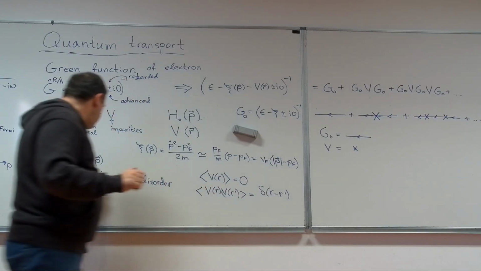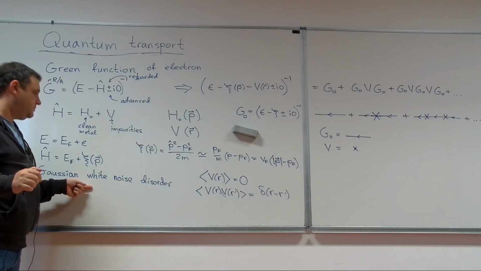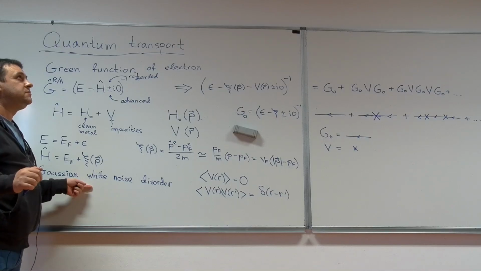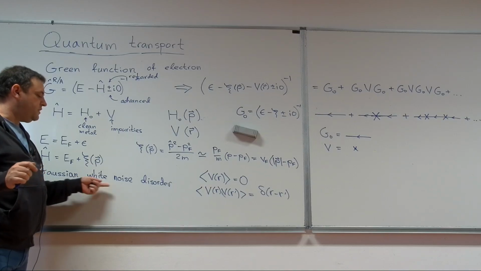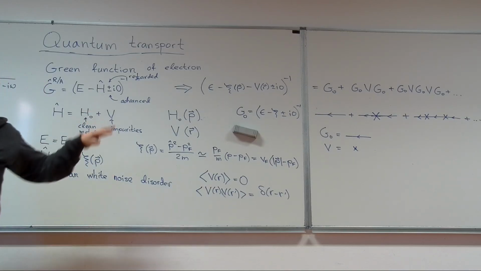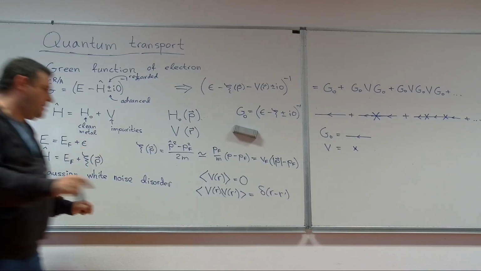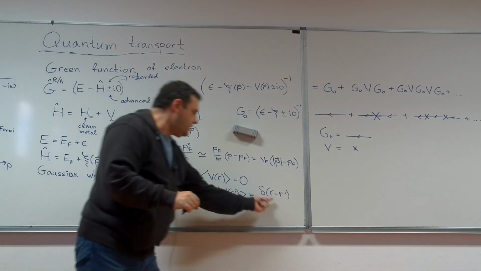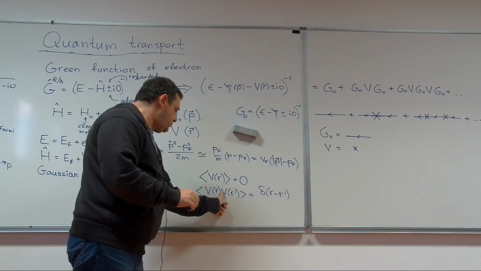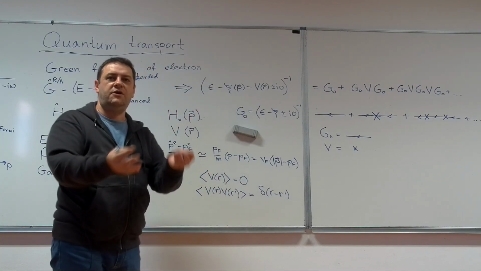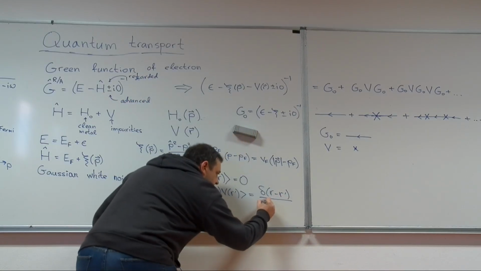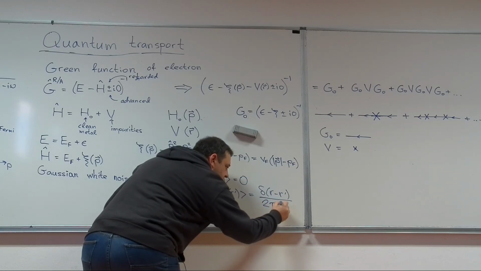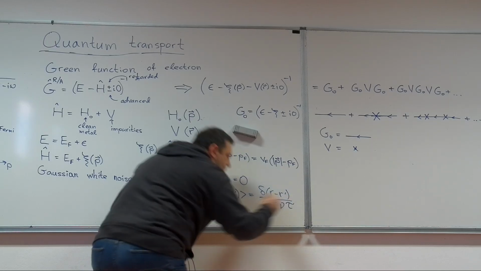When I say white noise, this is exactly what I mean. It's uncorrelated in different points. And in a single point, when R equals R prime, there should be some number which quantifies how strong this disorder is. And this number is 2 pi nu tau.